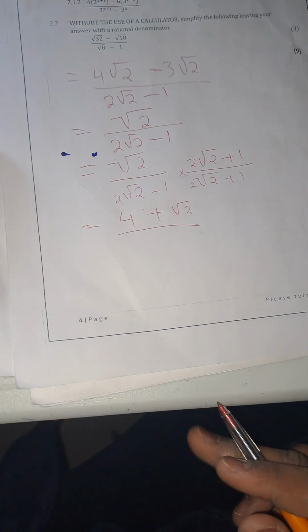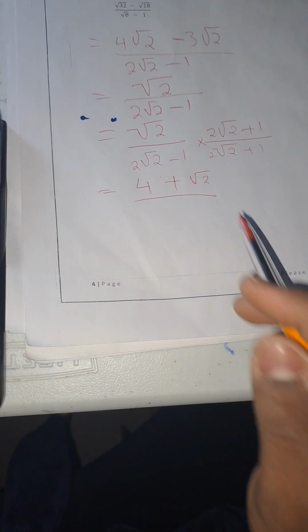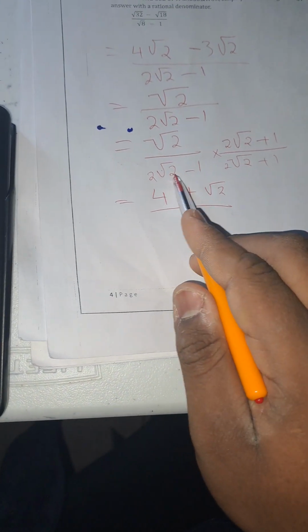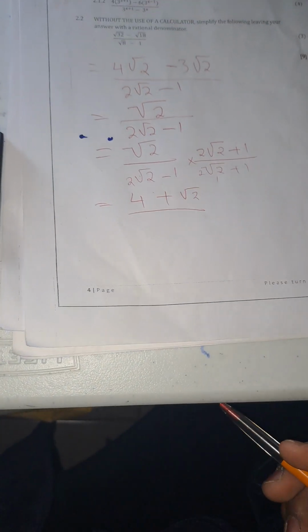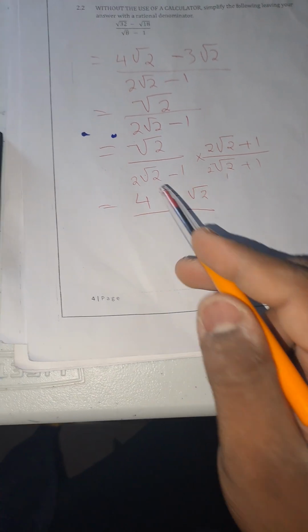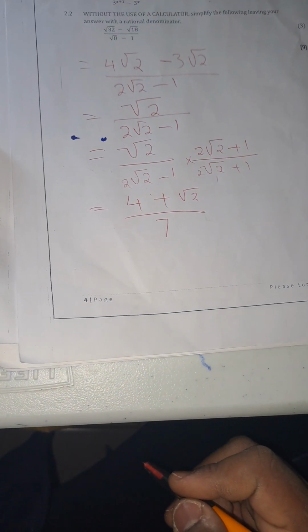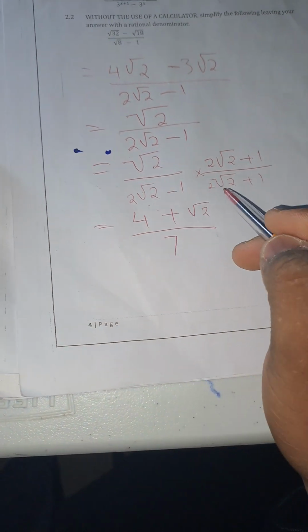Now, let's continue again. I need to multiply here. Root 2 times root 2 is 2 at the same time. But mind, don't forget about these ones. So it will be the same as over 7. See? This root 2 times root 2 gives 2.